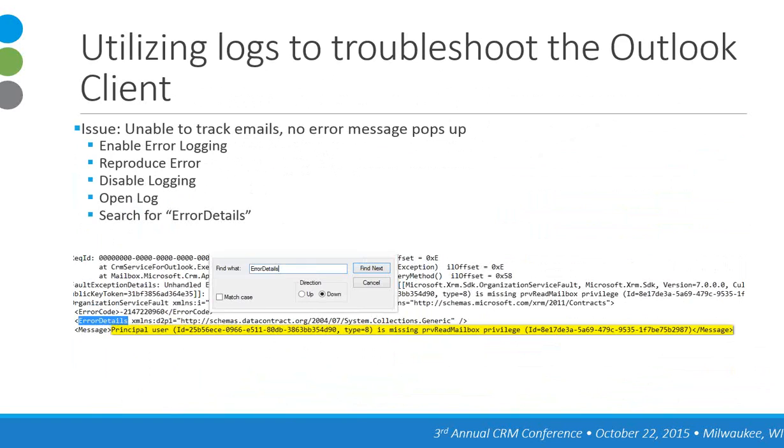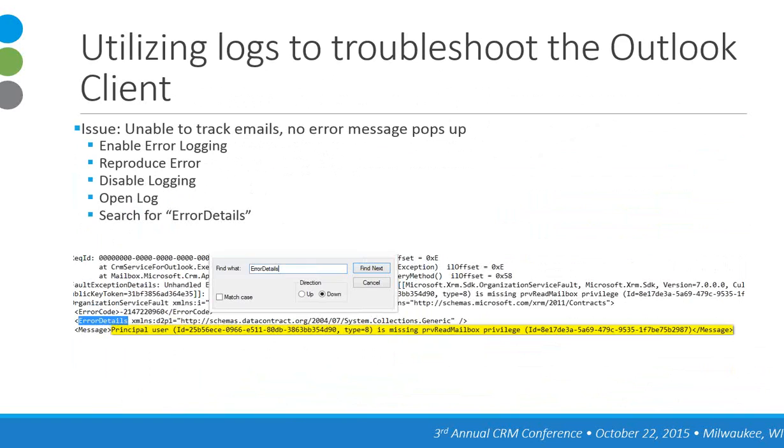In this situation, we just simply turned logging on, reproduced the error, turned logging off, and took a look at the error real quick. Here, you often want to search for error details, and that'll jump you to where you need to be in the error log.